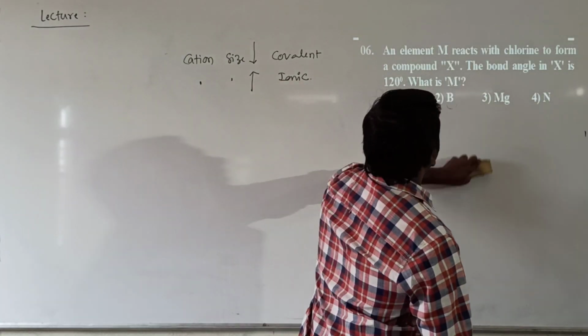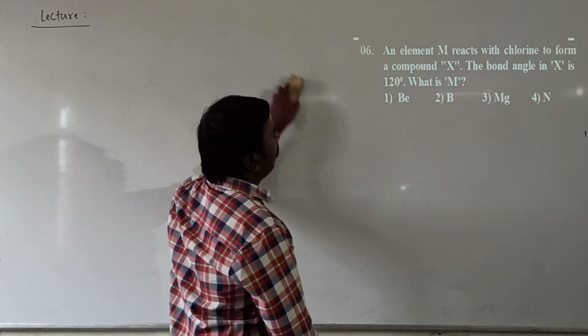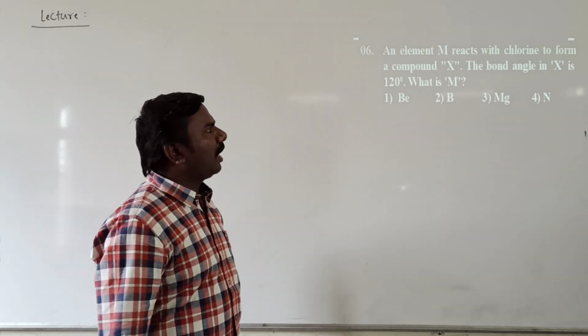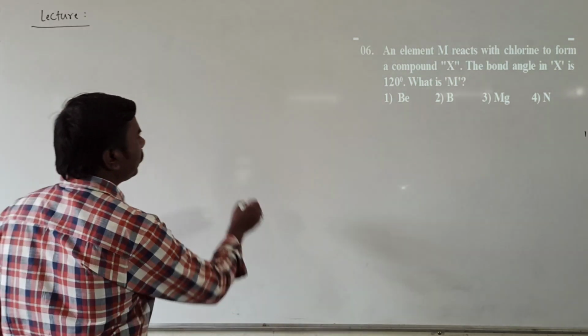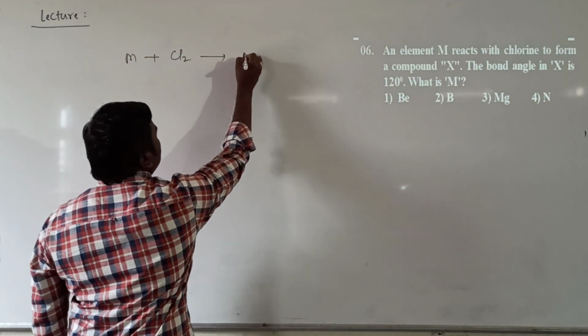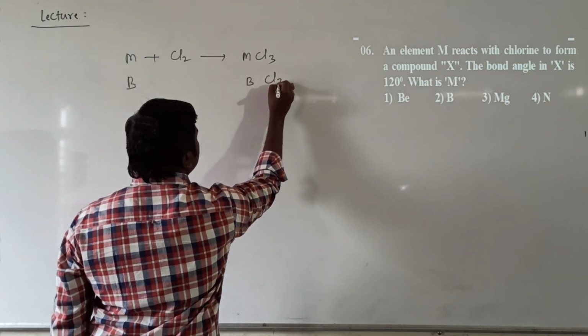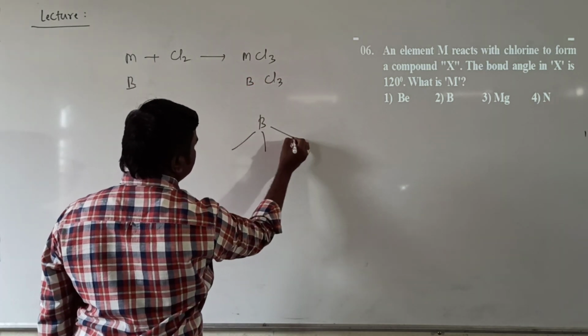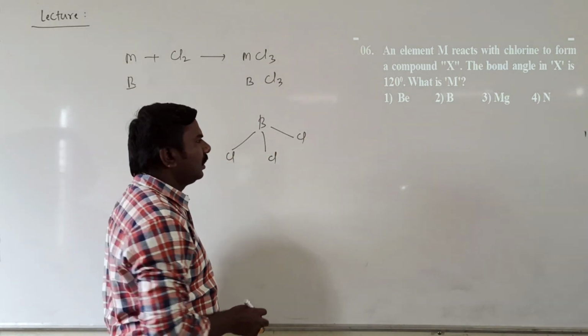Next. The element M reacts with chlorine to form a compound X. The bond angle in X is 120. What is M? M reacts with chlorine and gives MCl3. It is boron, obviously BCl3. Boron undergoes sp2.